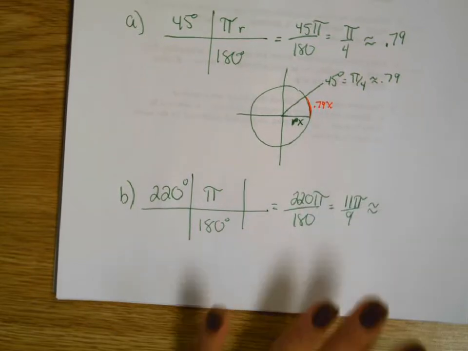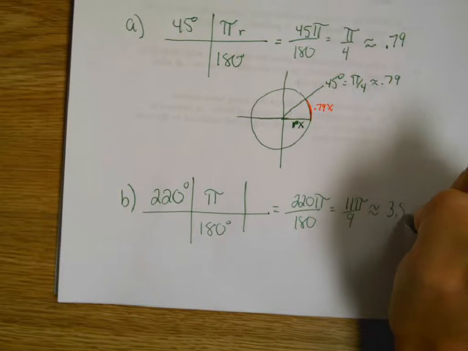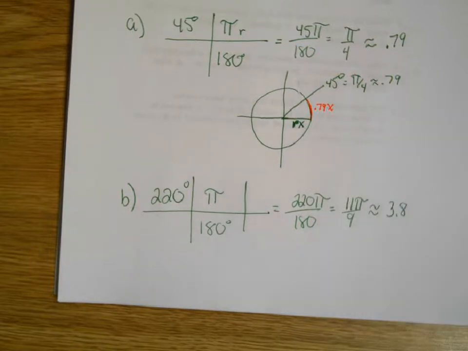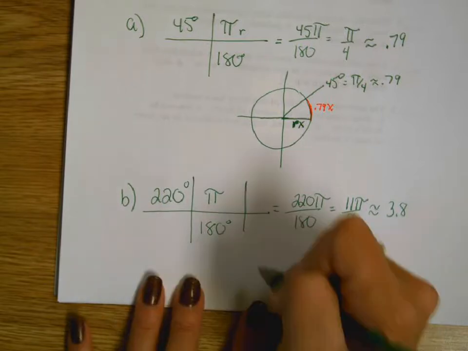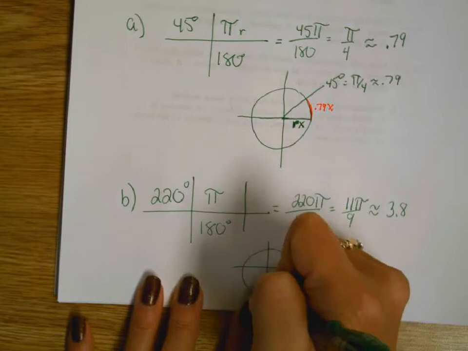As a decimal, we're going to multiply 11 times pi divided by 9. I've got to times that by pi. About 3.8. So showing me what that means on the circle.